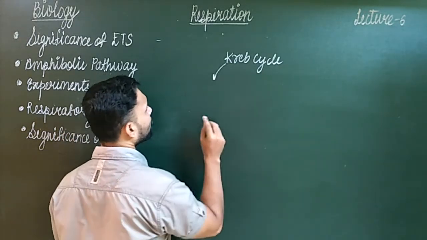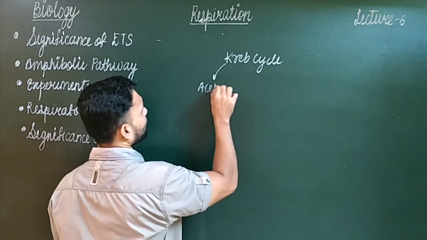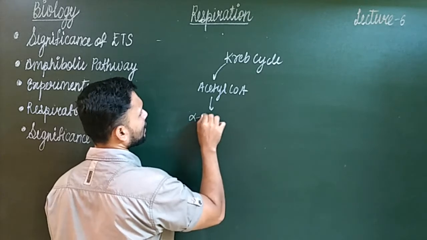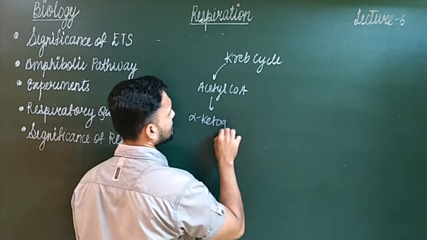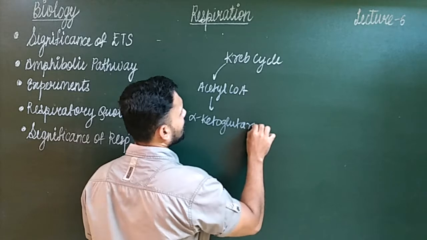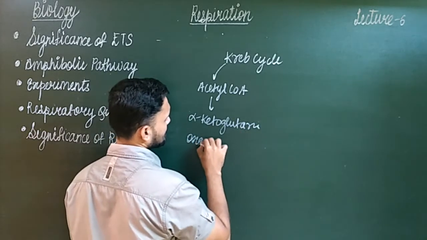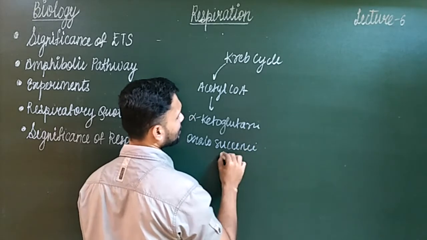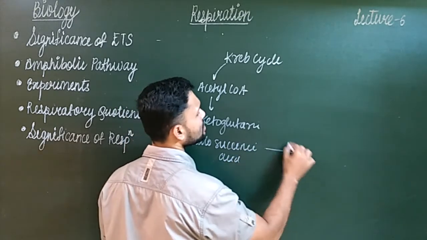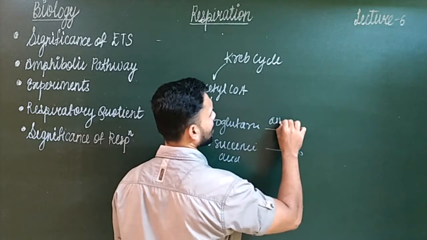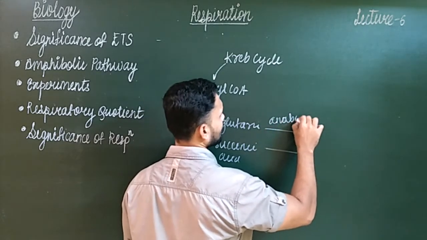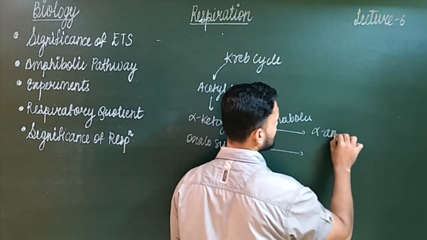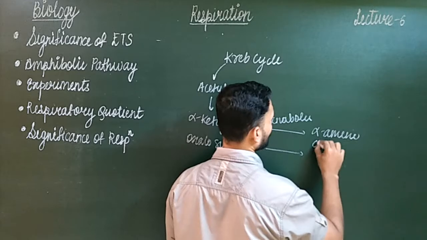But the byproducts, the substituents which are formed, like acetyl-CoA, alpha-ketoglutaric acid, then oxalosuccinic acid, these chemicals formed in the Krebs cycle can also be used anabolically to make amino acids, alpha amino acids.